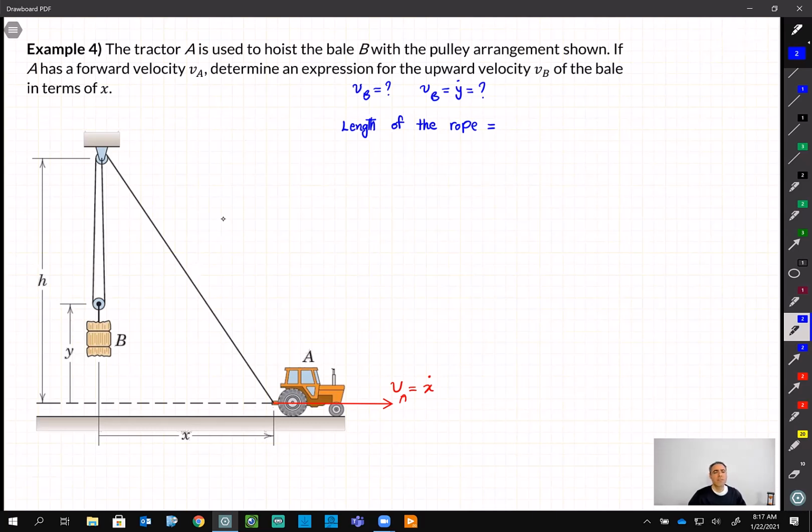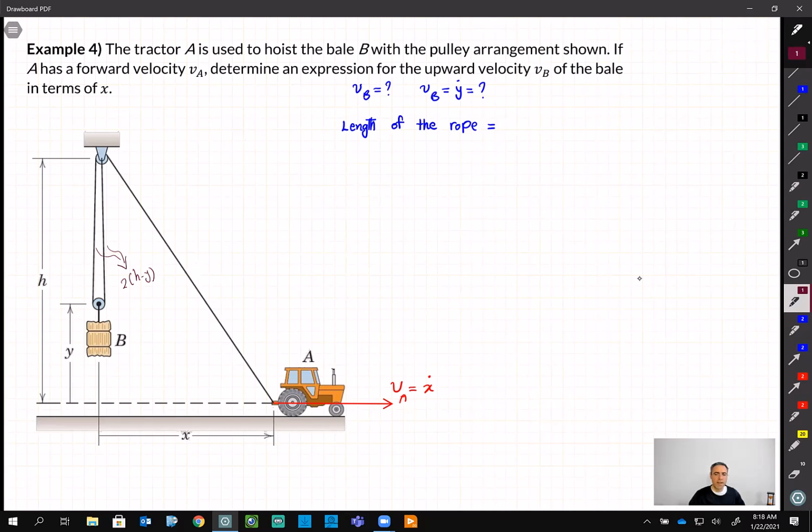Any idea how we can solve this problem? What is the length of the rope? I'm sure you guys know this section is going to be 2, because we have 2, right? H minus y. That's easy. What else we can say? I'm going to check chat to see.